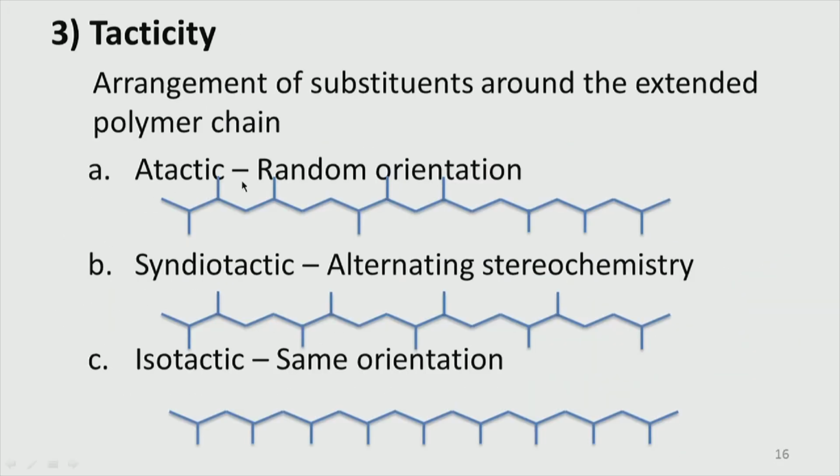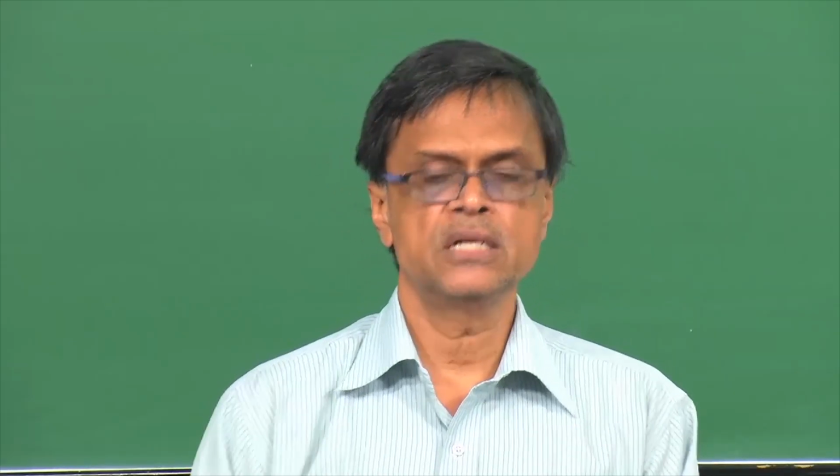So, we can have all in the same direction, isotactic, alternating, syndiotactic, and this could be atactic. So, polyvinyl alcohol, the OH groups, or polypropylene, the CH3 groups, all in the same direction. Again, the properties change dramatically depending upon the tacticity.